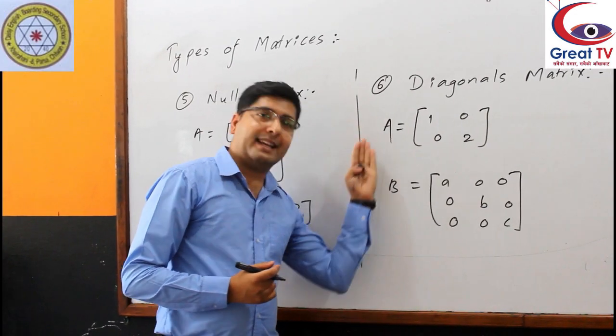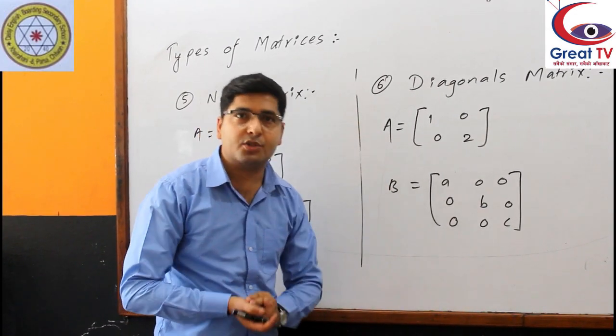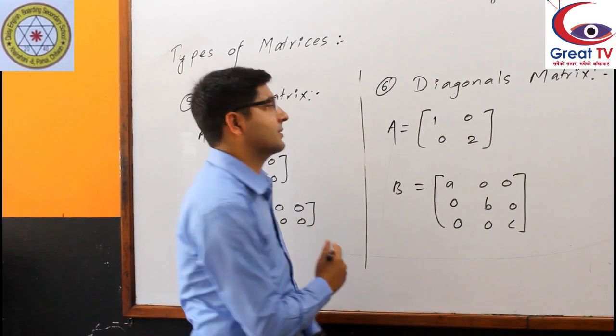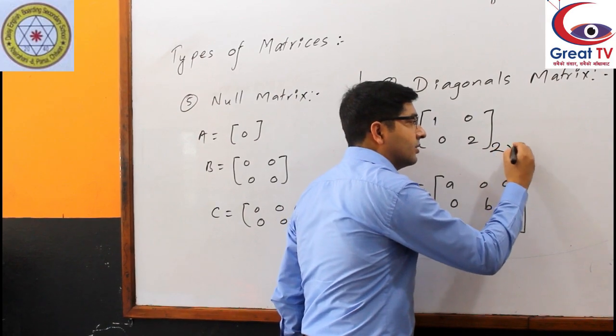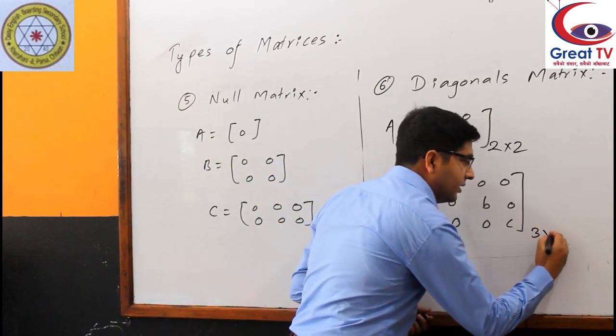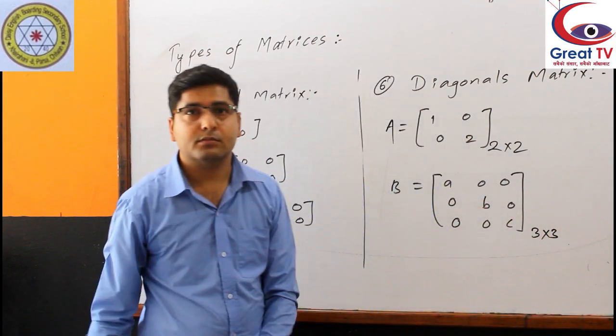We have two matrices, matrix A and matrix B. Can you write the order of these two matrices? Yes. Order of this matrix is 2 by 2. The order of this matrix is 3 by 3.